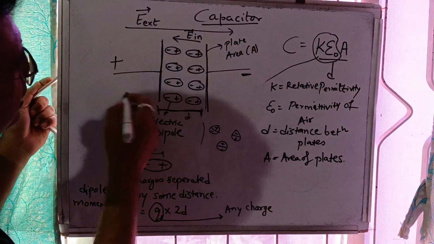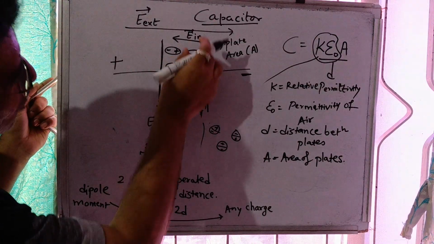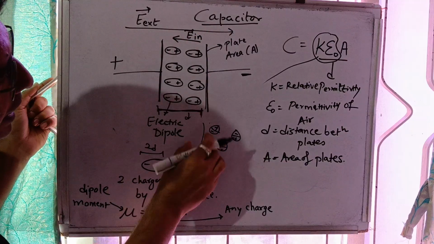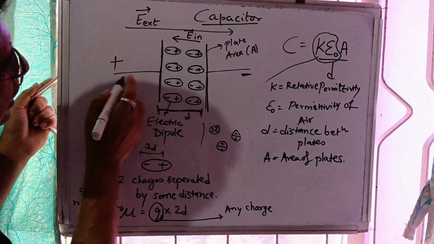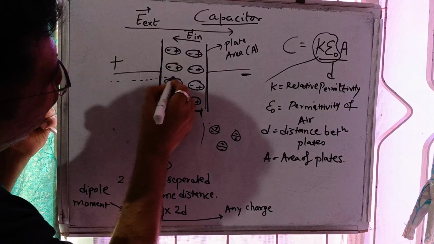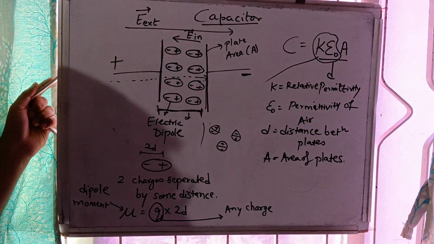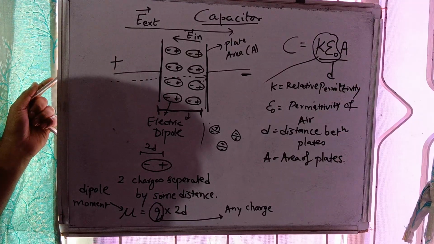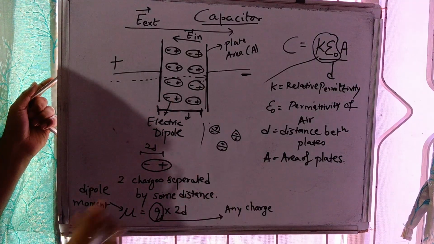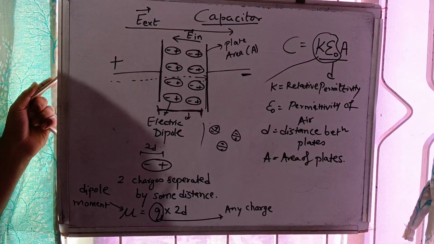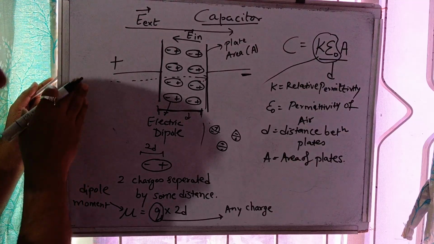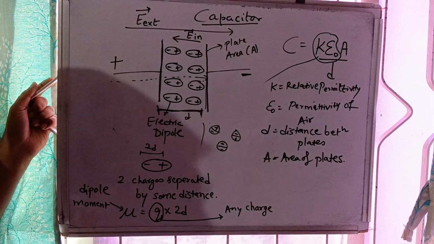In this case, let's say the dipoles are properly aligned. Now in that case, what will happen? It will oppose the flow of electron or electric field, and as a result, it provides a kind of resistance to electric field.